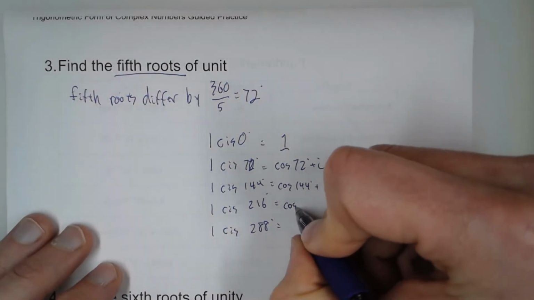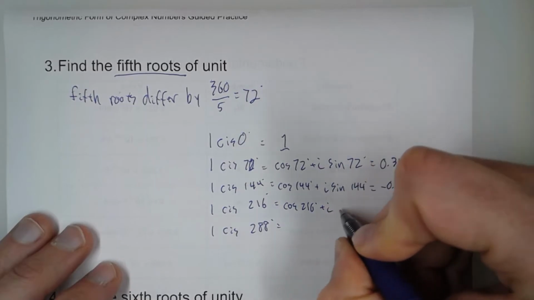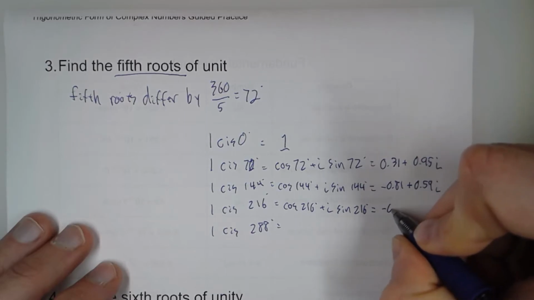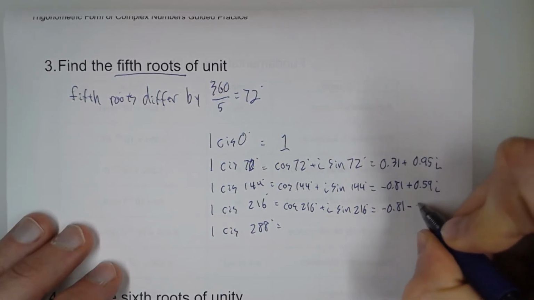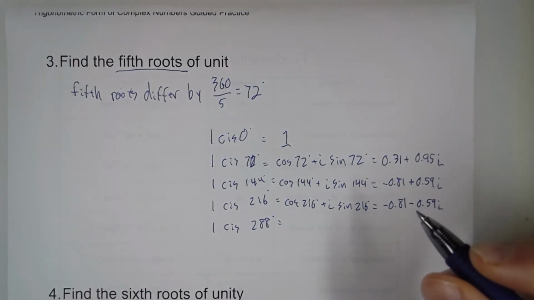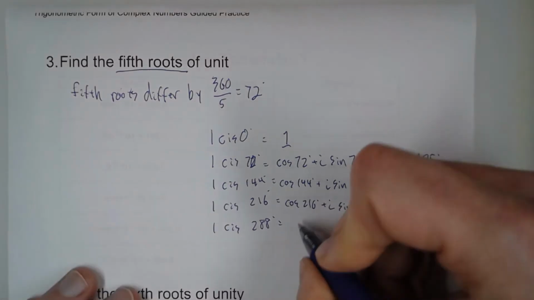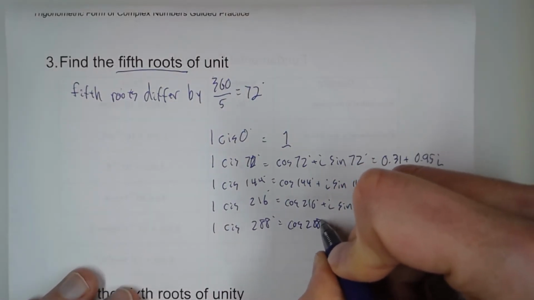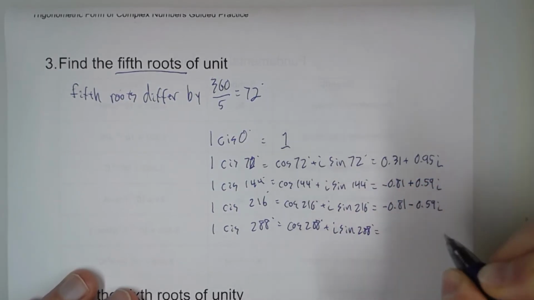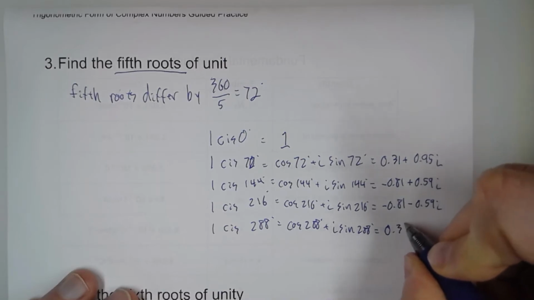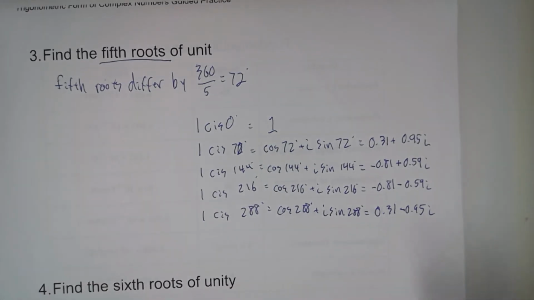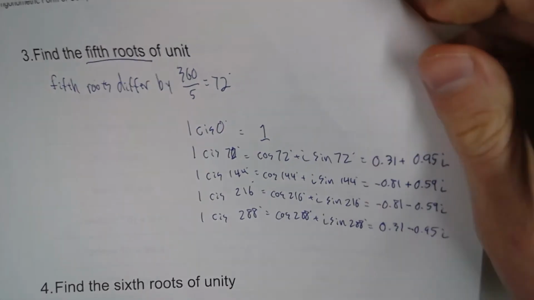And so cosine 216 plus i sine 216. That's going to give us negative 0.81 minus 0.59i. And then finally, 288. And so here we get 0.31 minus 0.95i. And those are our 5 fifth roots of unity.